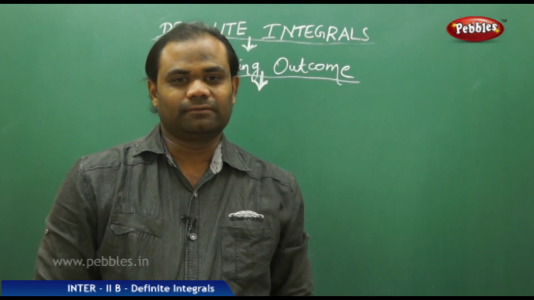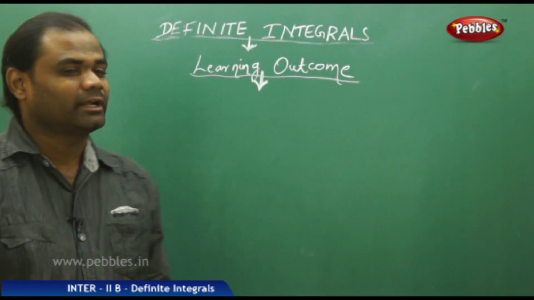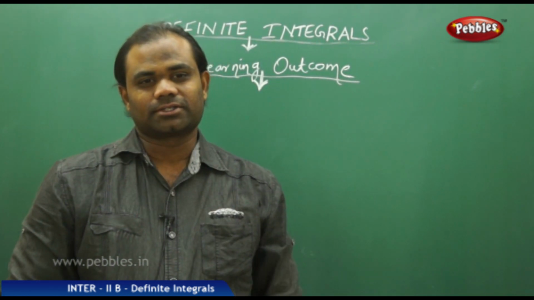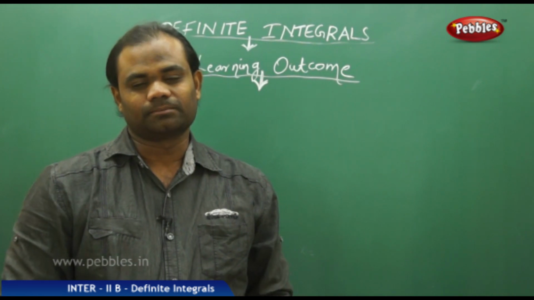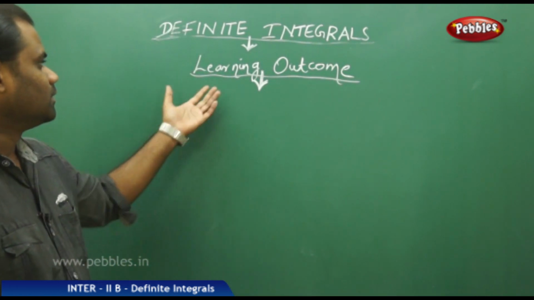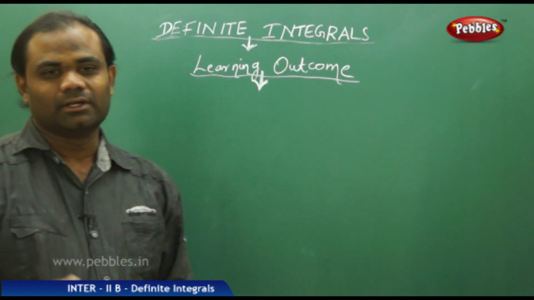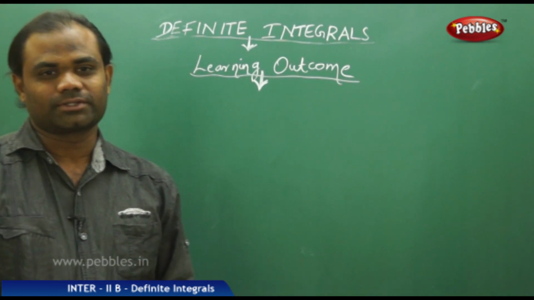So now that we have completed the topic of definite integrals, the next is about the learning outcome. That is, when we do the definite integrals, what have we learned out of this is the biggest question.